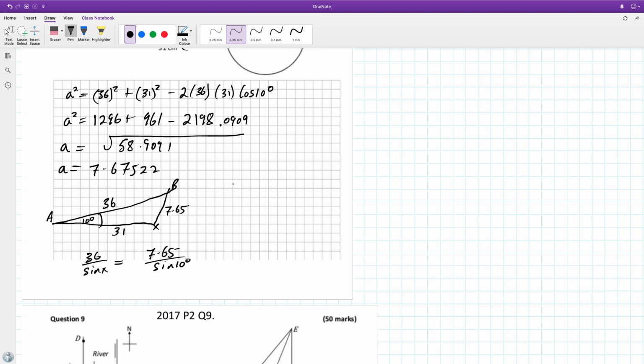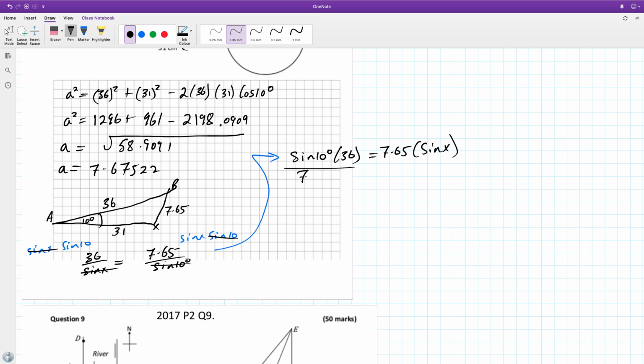So then multiply across by sine 10 and sine x. Sine x and sine x cancel, sine 10 and sine 10 cancel, so sine 10 degrees by 36 is equal to 7.65 times the sine of x.